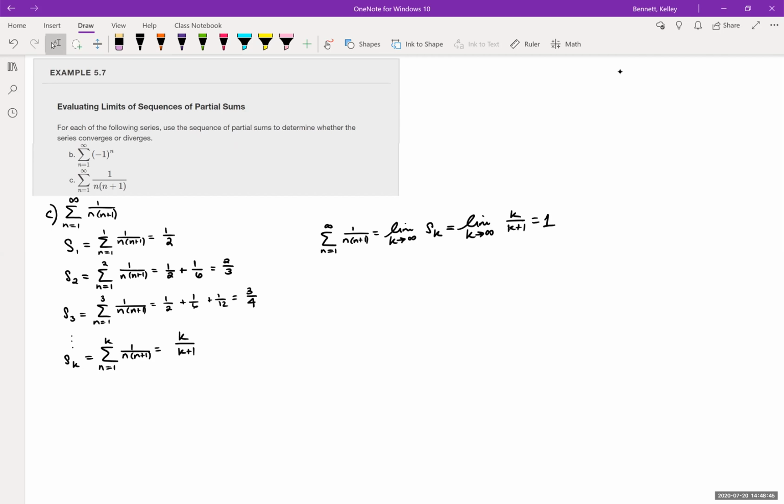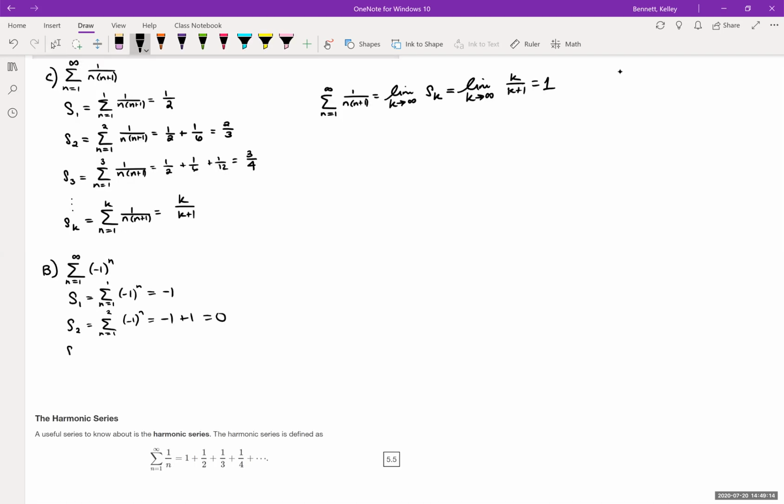For b, it's a bit of a different story. If I'm only looking at the first term, I'm just going to get -1. And the second term is -1 plus 1, which is 0.